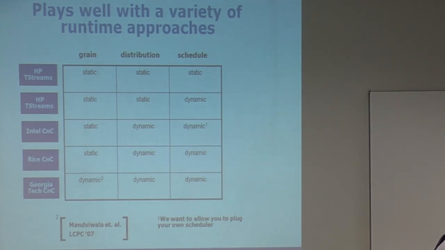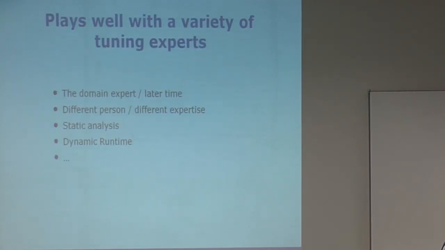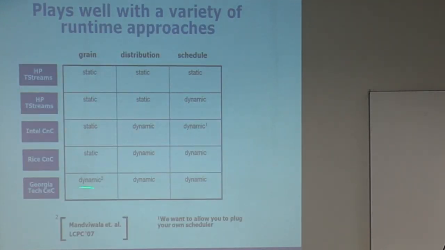At Intel, we have a variant that looks like this. The Rice one looks similar. And as I mentioned, we're trying to allow you to plug in your own scheduler, but it's not as easy as it would look given the current implementation. At Georgia Tech, I had a PhD student who was working on dynamically adjusting the grain.